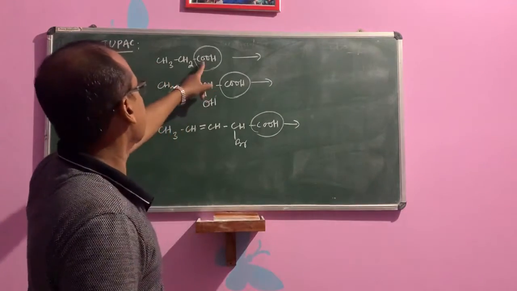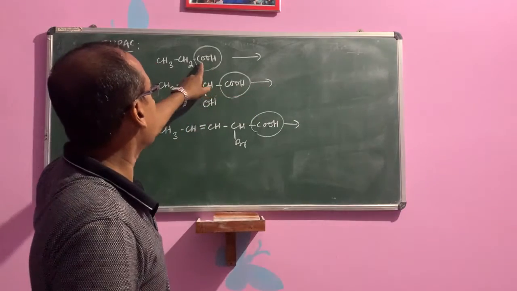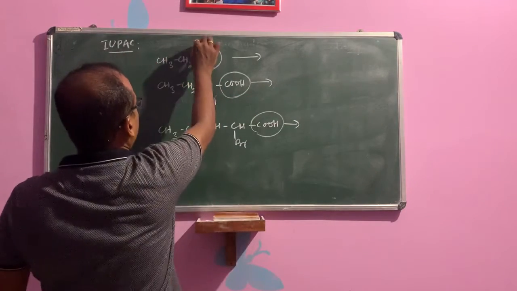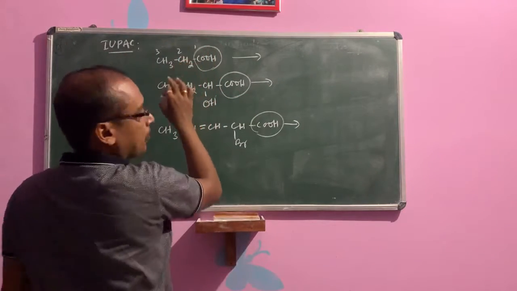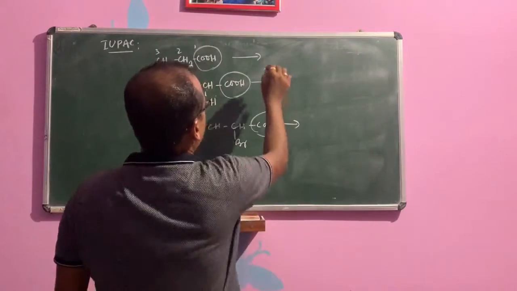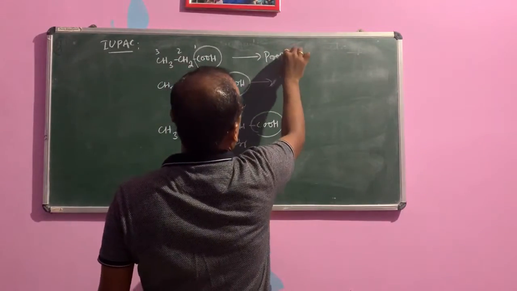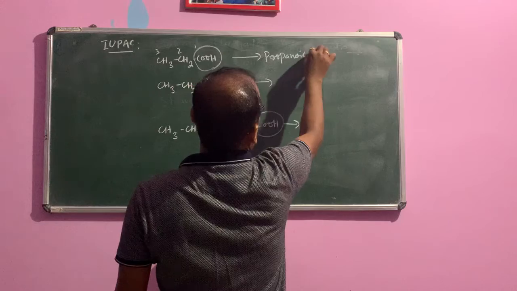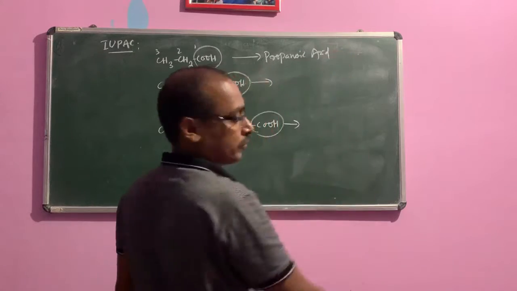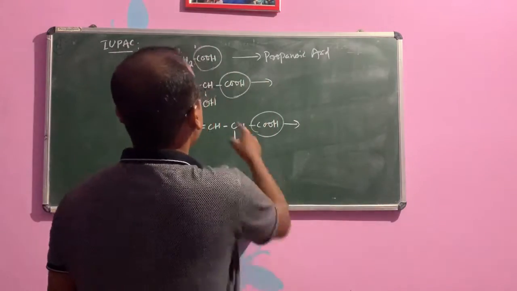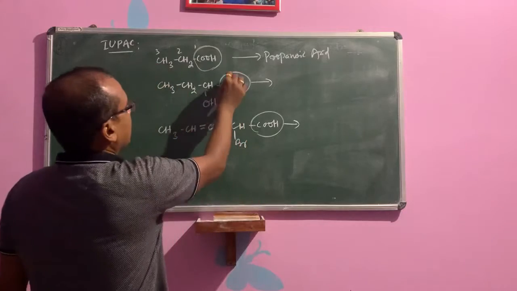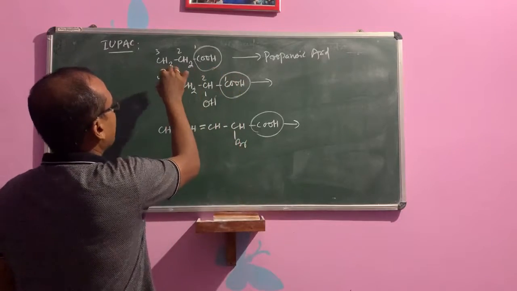So first you count the carbon atoms including the functional group: 1, 2, 3. Prop. So propanoic acid. Similarly, 1, 2, 3, 4.